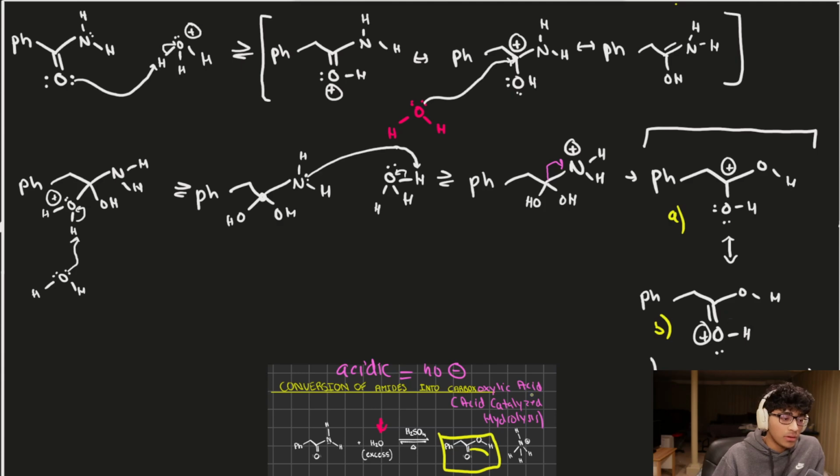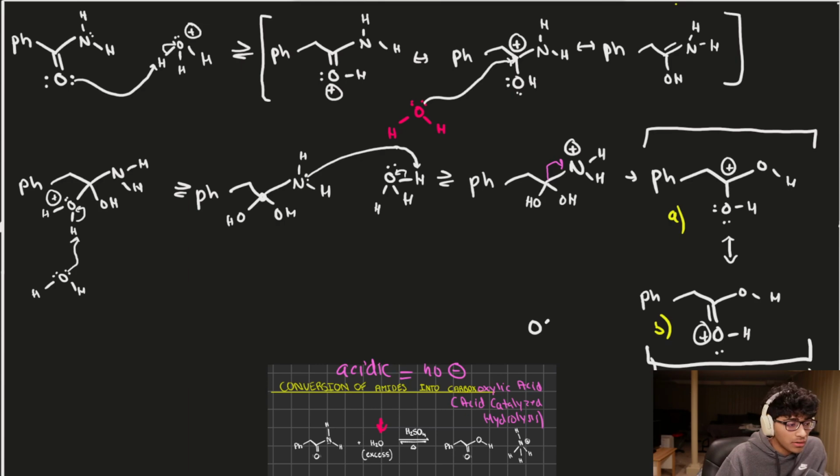So this is the one that the thing we have in excess, which is water, is going to deprotonate. So just draw your water. This is the end of the resonance structure. Okay, so water is going to attack right here.